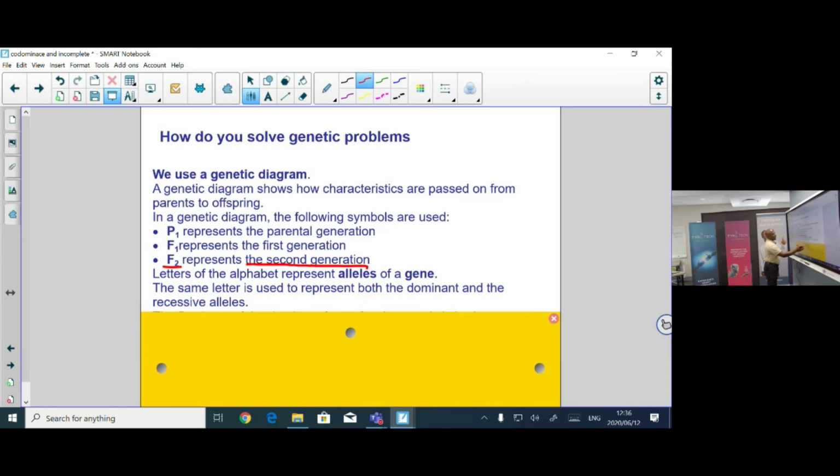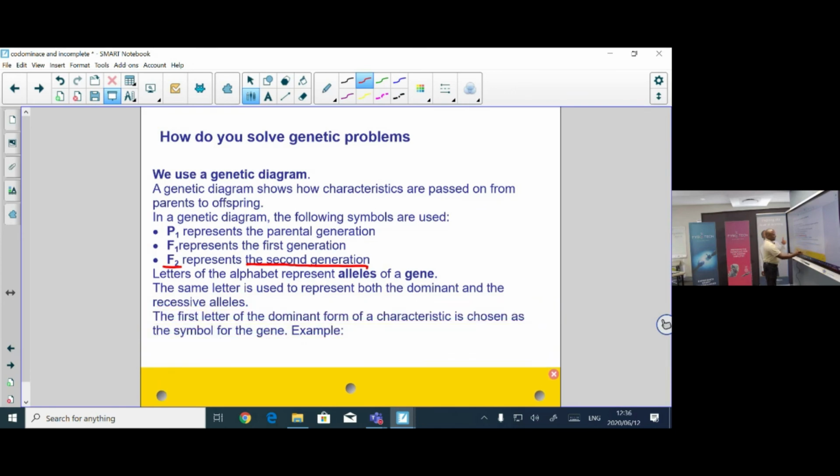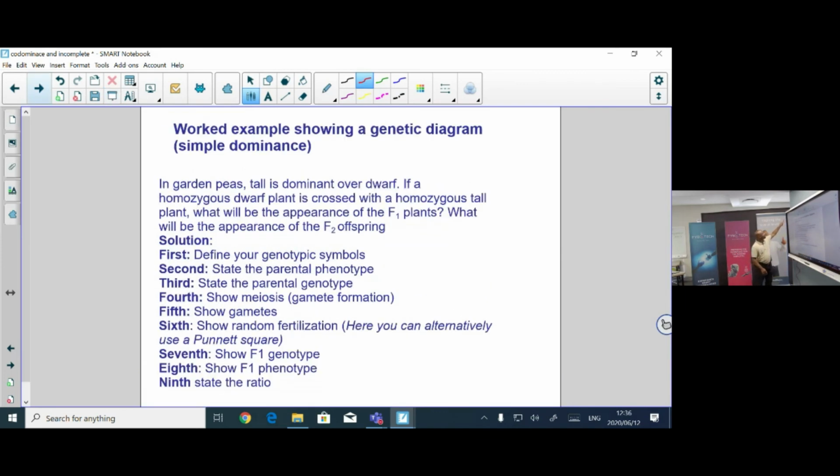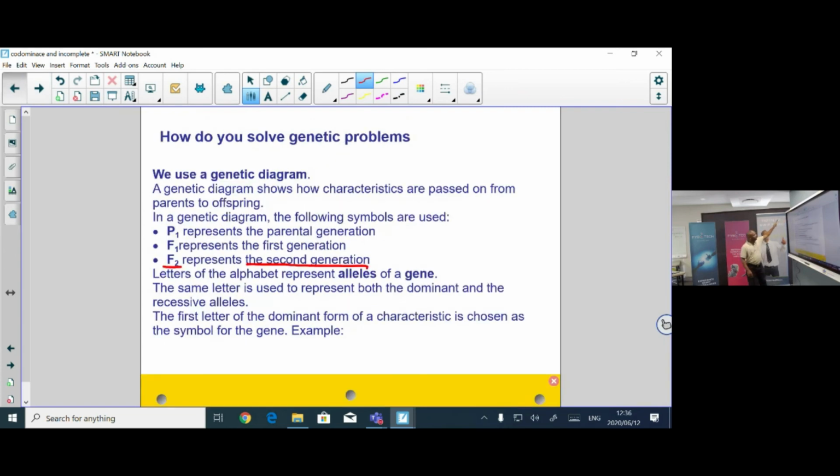Right. Whatever I said here, letters of the alphabet represent alleles of a gene.